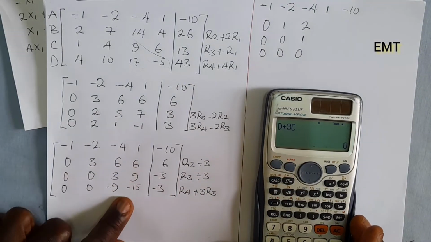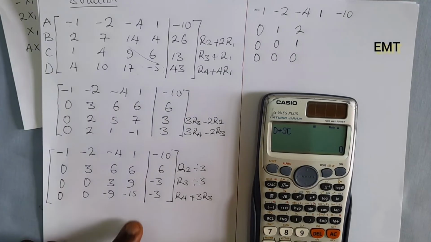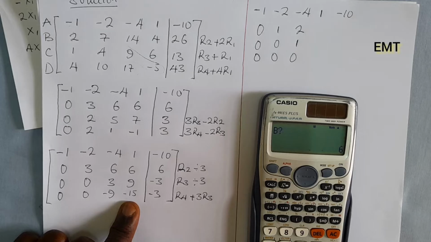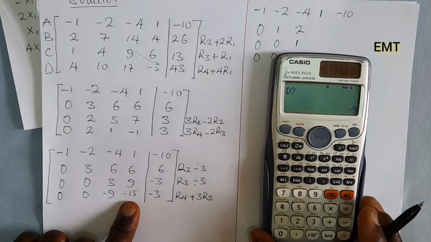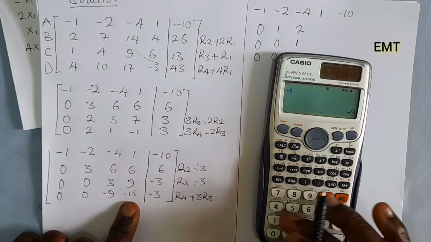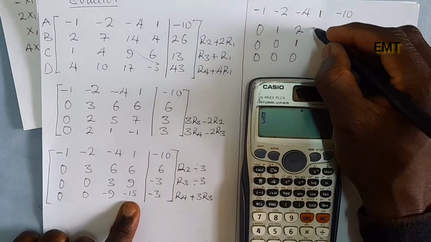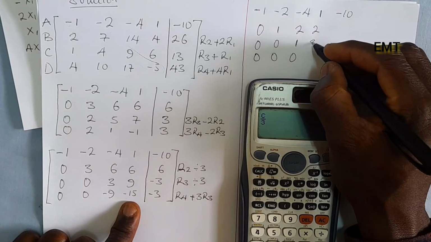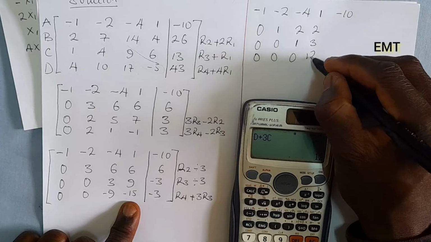We go to the next column, which is our B here is 6. C is 9. And then D is -15. We have 2 also here. B 3 for C. And then for D we have 12.